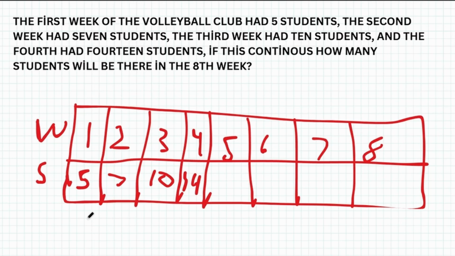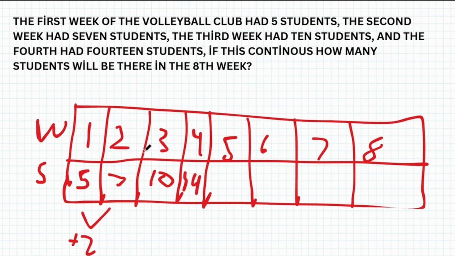Okay, so ano yung pattern na yun? Kung iisipin nyo, guys, 5, 7, 10, and 14. Bale, dumadagdag lang every week. On the second week, dalawa yung dumagdag. Kaya, 5 plus 2, naging 7.